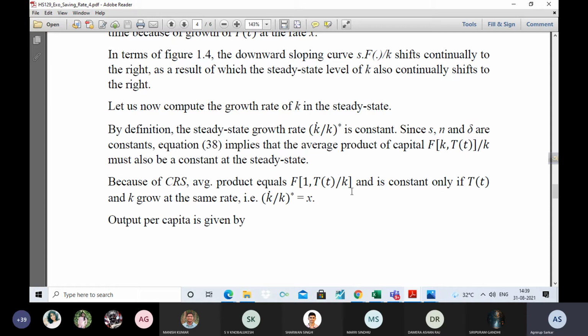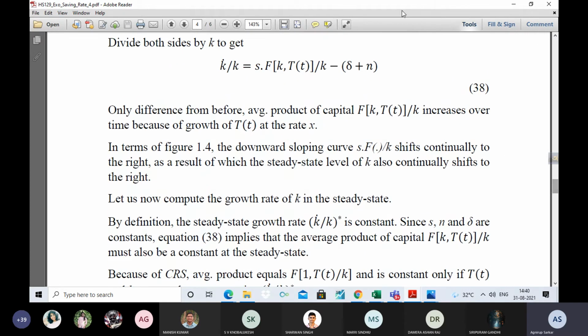Now this average product in the steady state, since k dot by k is constant and everything else is in terms of parameters which are obviously constants, we have the average product of capital to be constant as well.